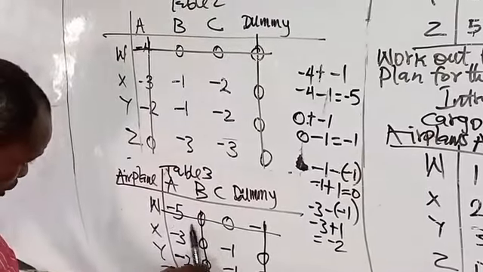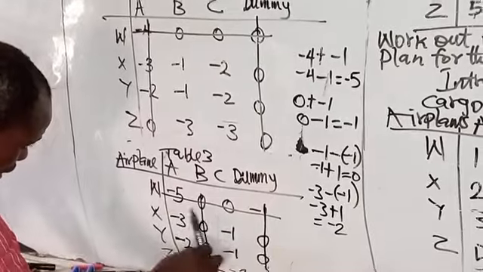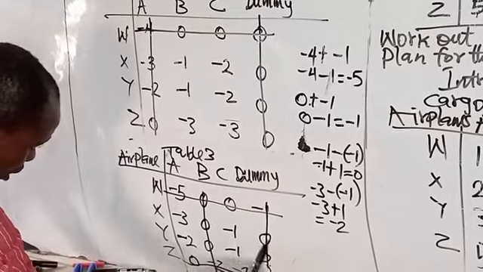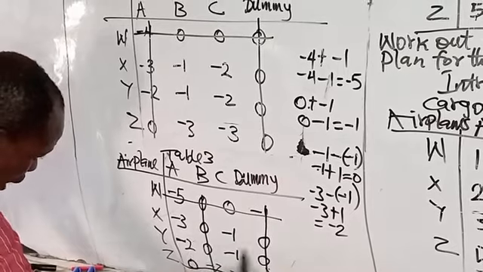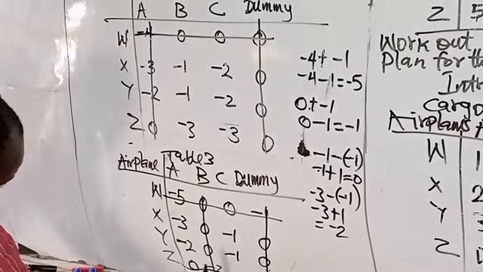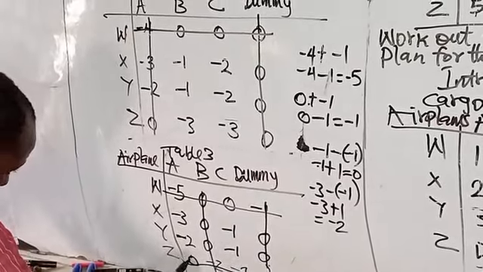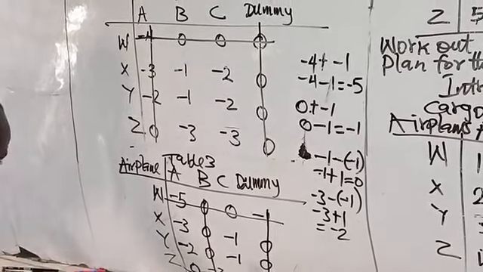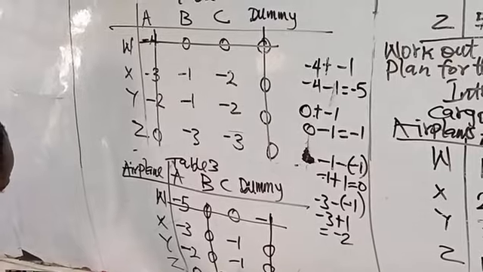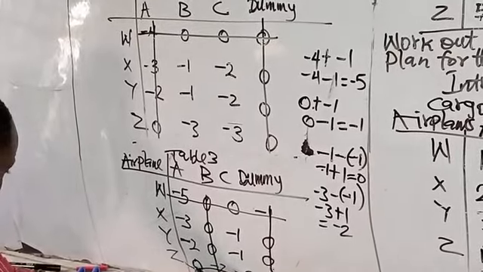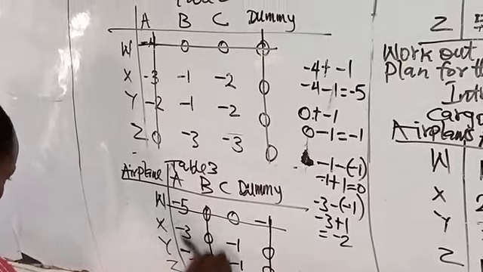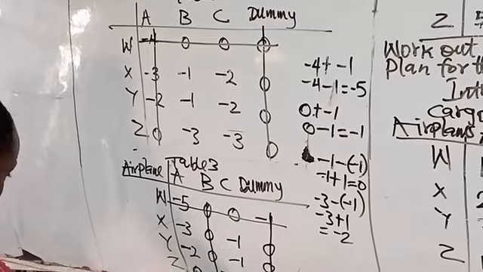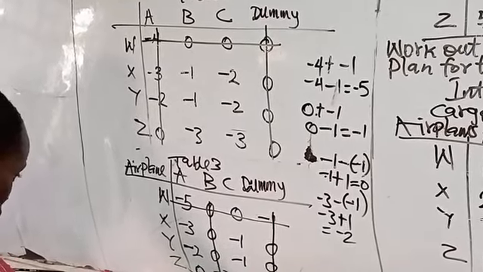Now we have 2 zeros here. Let's check the one with the least zeros first. We have 2 here, 2 here, and 2 here. But if you look at the possible assignments, this is the only 0 we have in this column. That means this number can only be assigned to this.